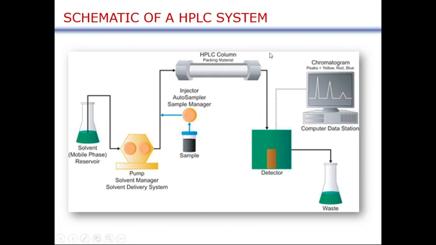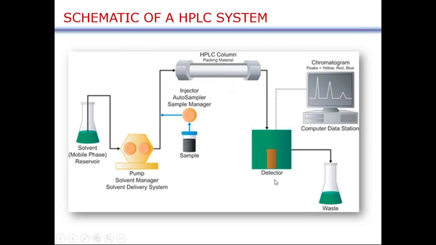Then you have the column, the HPLC column, which is filled with packing material, which is the heart and soul of an HPLC system. So if you want an effective HPLC system, you must take care of your HPLC column.